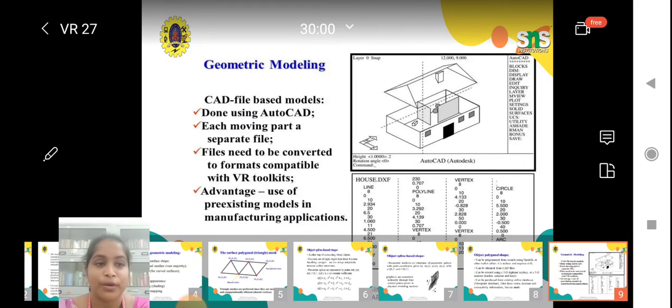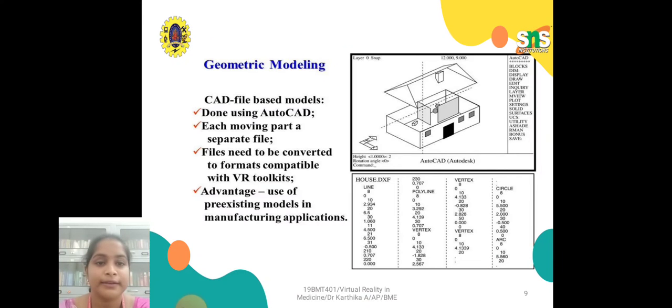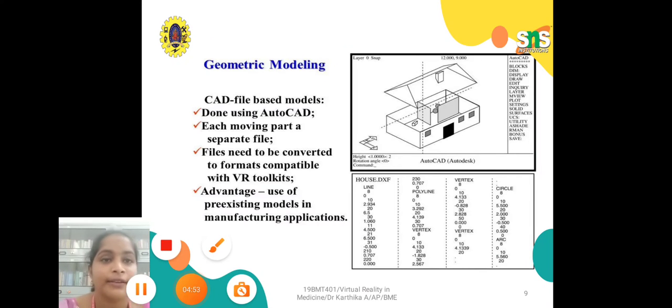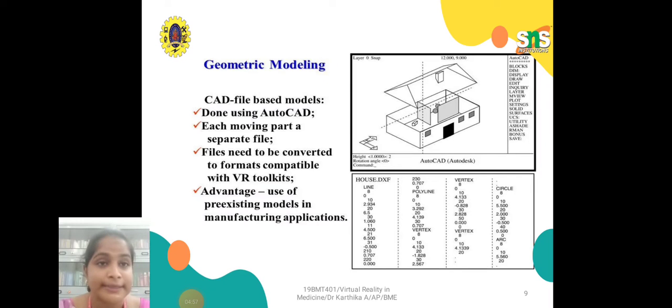See the geometric modeling here. The CAD file based models are shown here. It is done using AutoCAD and each moving part has a separate file, and these files need to be converted to formats compatible with VR toolkits. The advantage is the use of pre-existing models in manufacturing applications.